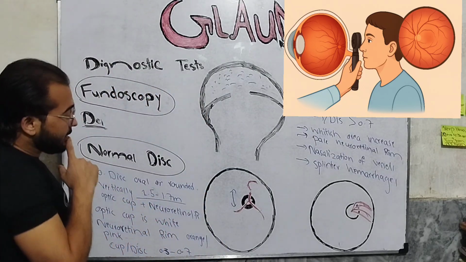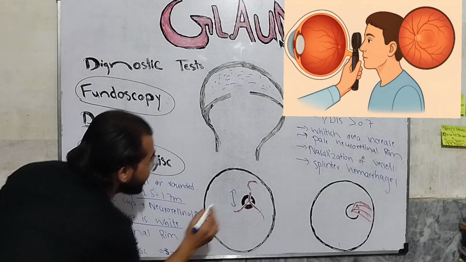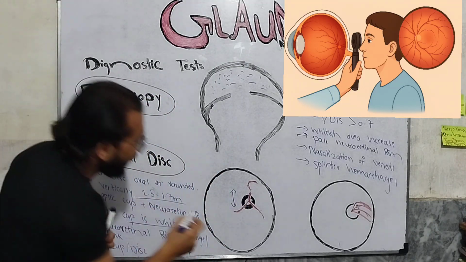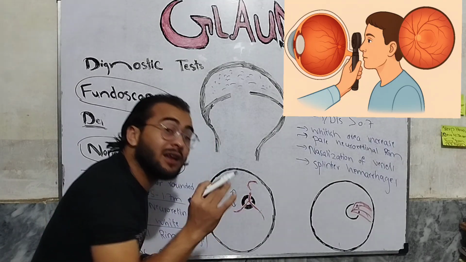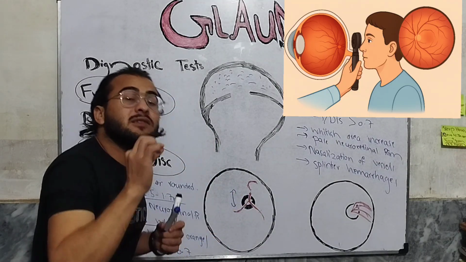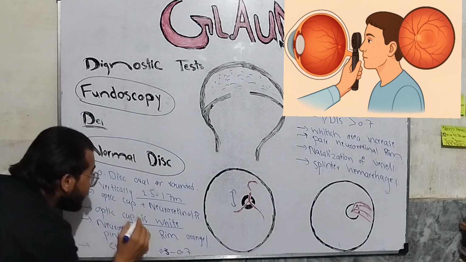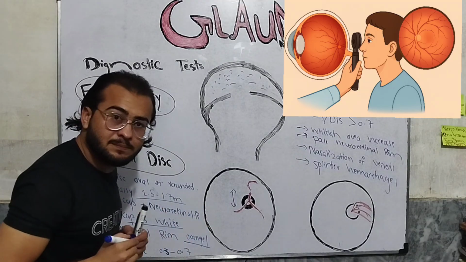The optic cup is normally white in color when we look through fundoscopy, and the dark area, the neuroretinal rim, is normally pink or orange in color.